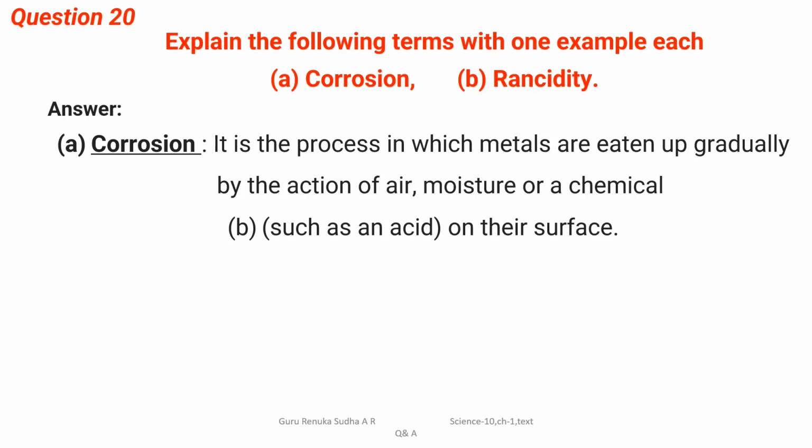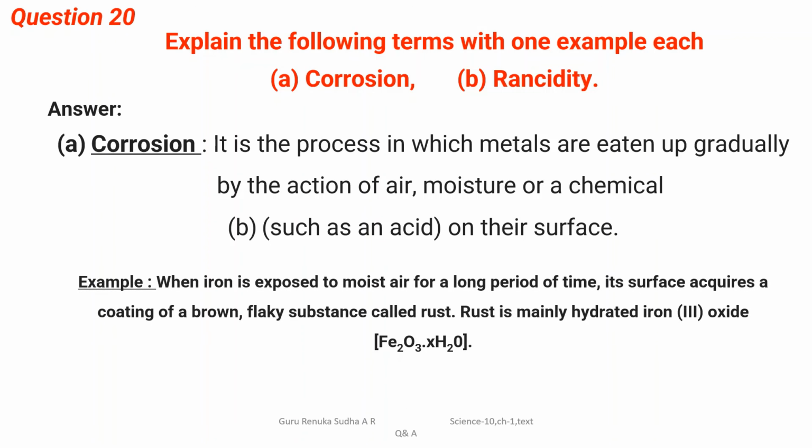Next, here is the 20th question. Explain the following terms with one example: corrosion and rancidity. Corrosion is nothing but rusting. Here is the answer. First you have to define, then you have to give the example. It is a process in which metals are eaten up gradually by the action of air, moisture or a chemical on their surfaces.